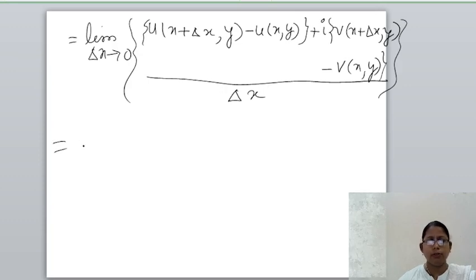This is equal to limit delta x tends to 0.